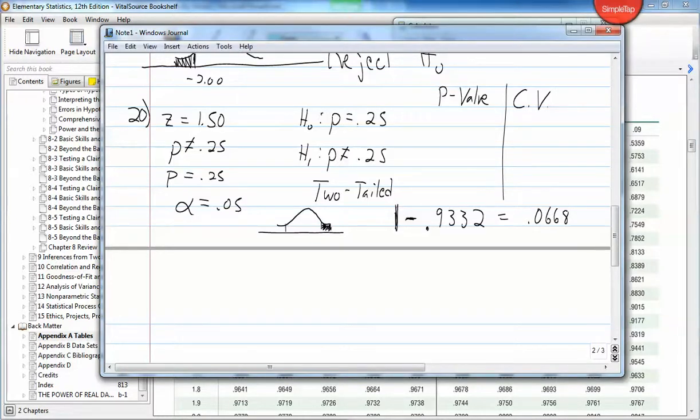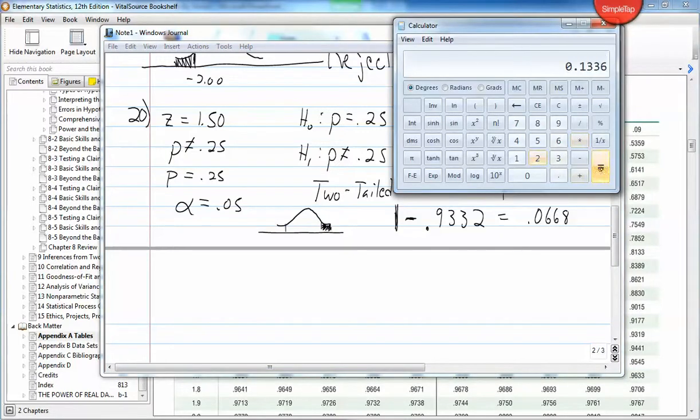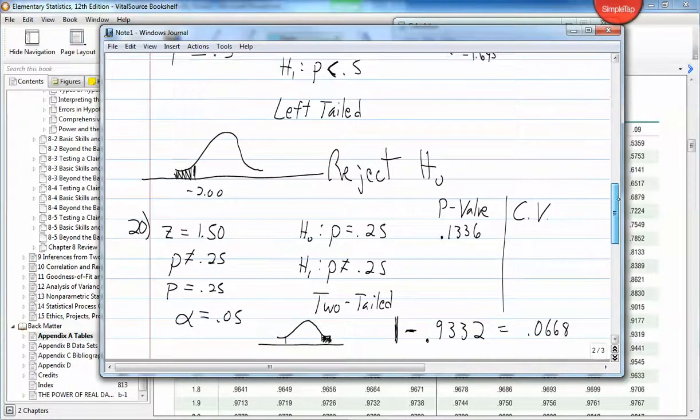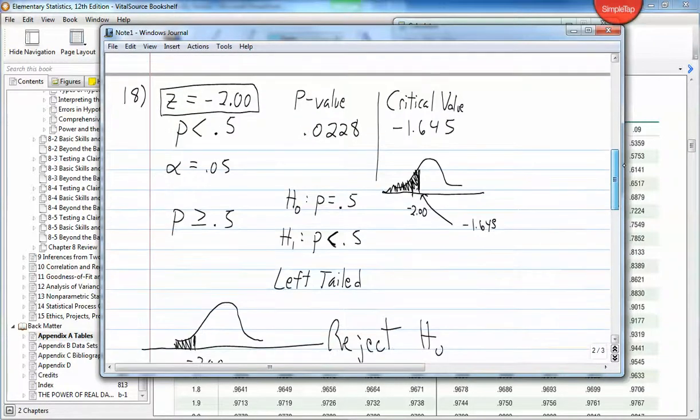The p-value, since this was two-tailed, is twice that. So my p-value is 0.1336. My critical value I'm going to get from my alpha. Now, how does this differ, finding the critical value, from the previous problem?